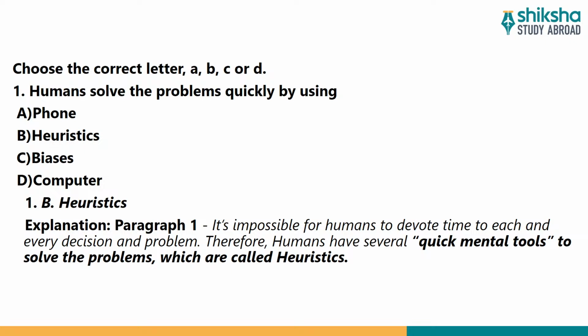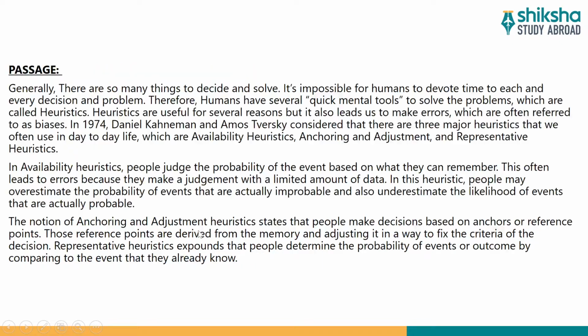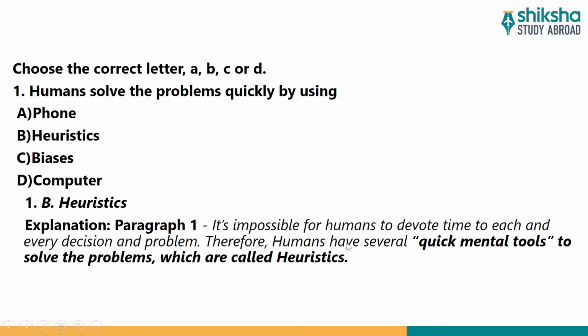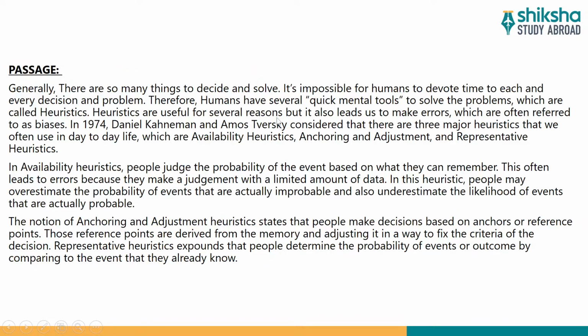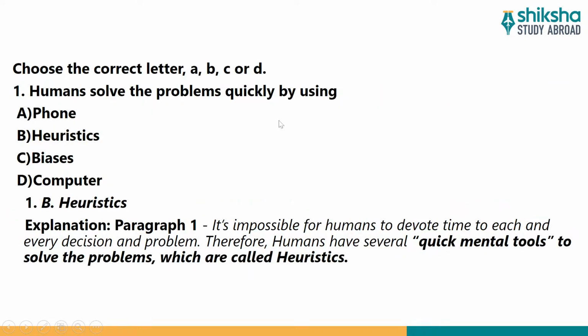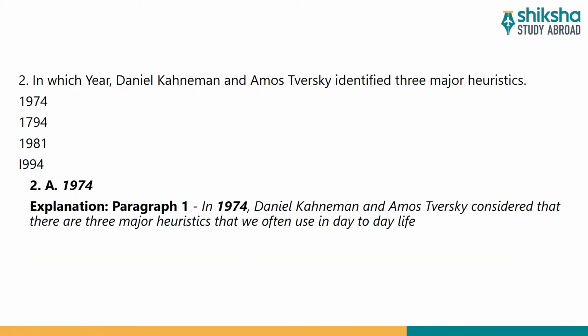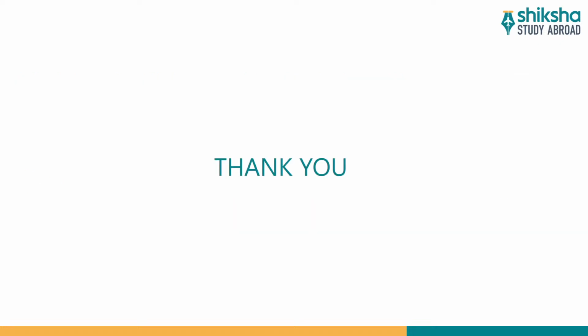So these are four options and the correct answer is B, heuristics, and the explanation has been given in paragraph 1. So you can go here and find this particular line which has been given in the explanation. Try to find it here in the first paragraph and you will get to know how did we actually derive the answer. And same goes for your question 2 as well.